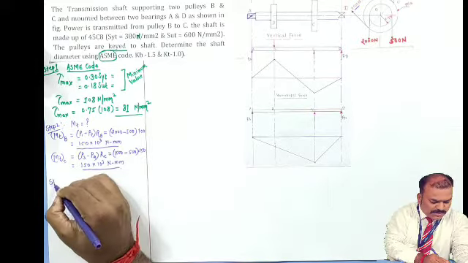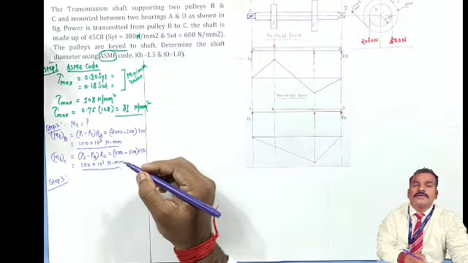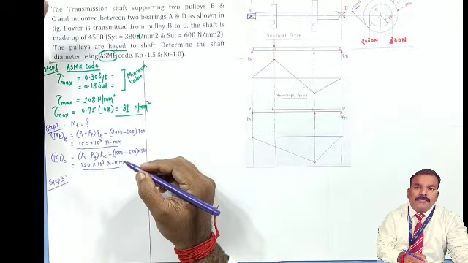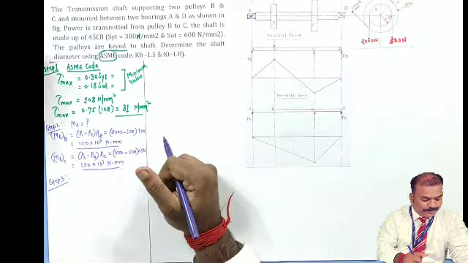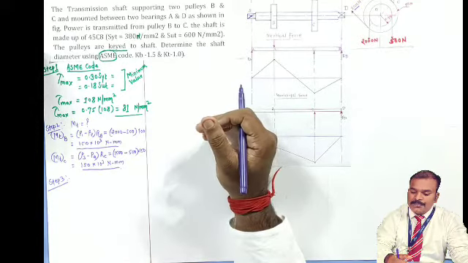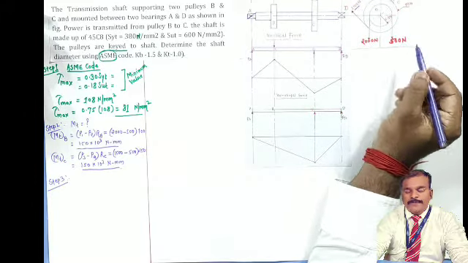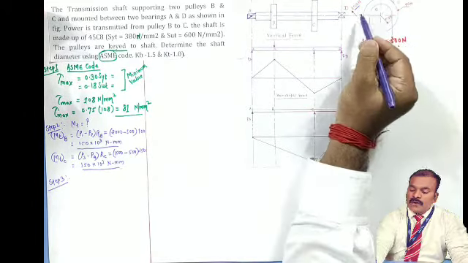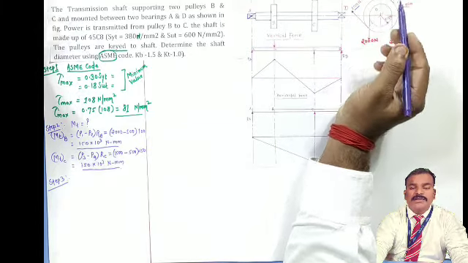In step number 3, our next step is to calculate the bending moment, through which we can design it. To calculate the bending moment from the structure, it was realized that vertical loading is there for the smaller pulley, 2000 Newton, 500 Newton, and for the bigger pulley 1500 and 500, which is inclined at 30 degrees.